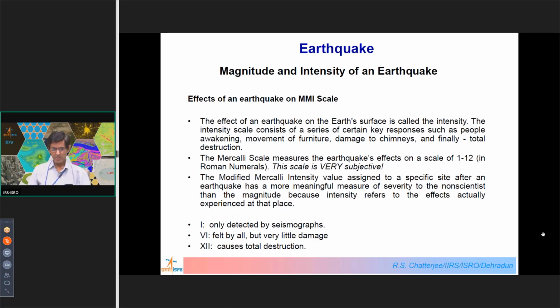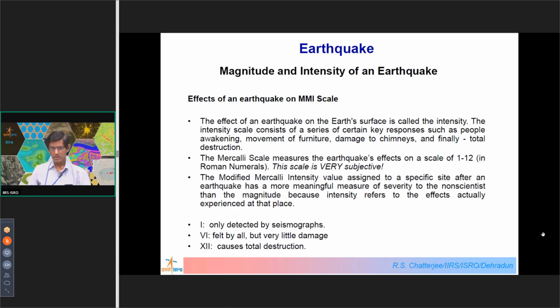Then people may be awakened, which means a little more. Then there may be movement of furniture, clocks, doors, and window panes, shaking of these, then sometimes damage to chimneys, and finally total destruction. This scale is known as the Mercalli scale.